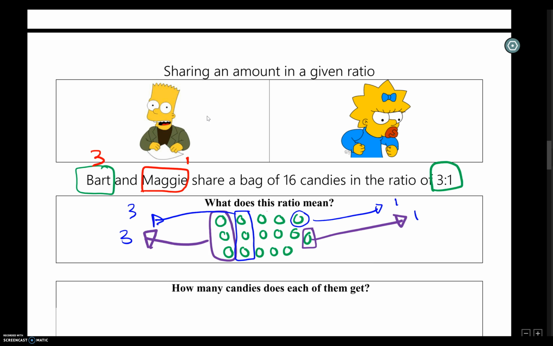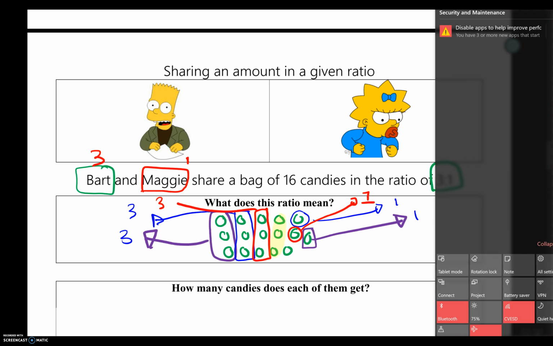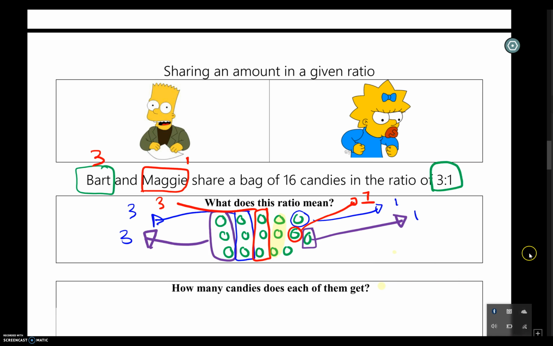Bart would get another 3. Since there's still some there to give, Bart would get another 3. Maggie would get another 1. And we have 4 left over. So what do we do with those 4 left over? Well, Bart would get these 3. And Maggie would get that last 1.